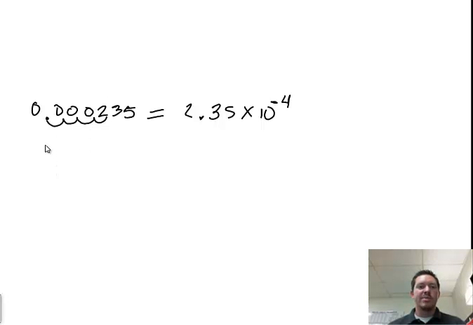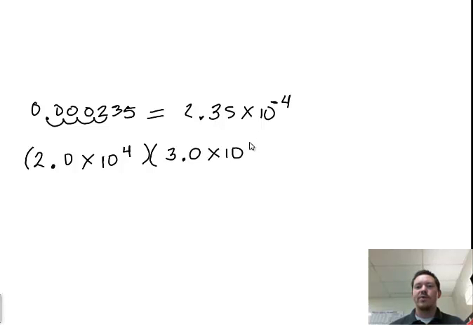So let's look at multiplying and dividing these numbers really quick. So 2.0 times 10 to the 4th. And I'm multiplying that, so I'm going to put these in parentheses to indicate that I'm multiplying two numbers. Let's say 3.0 times 10 to the 4th as well. I'm going to close my parentheses to show that I'm multiplying these two numbers together.